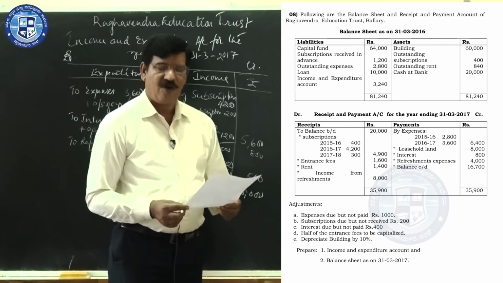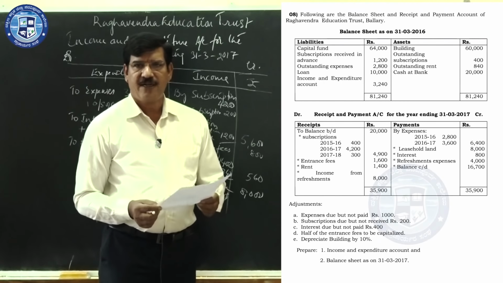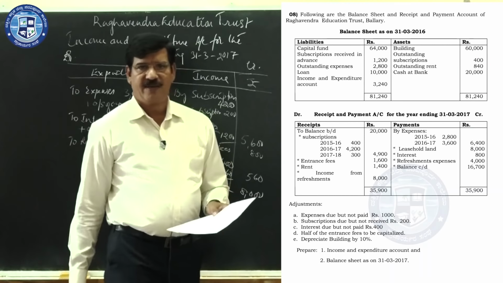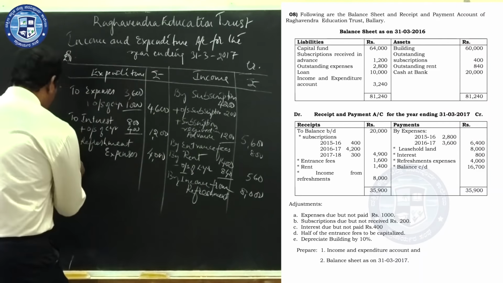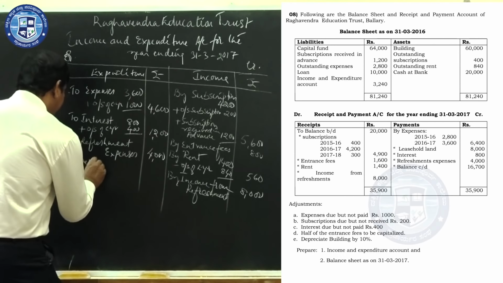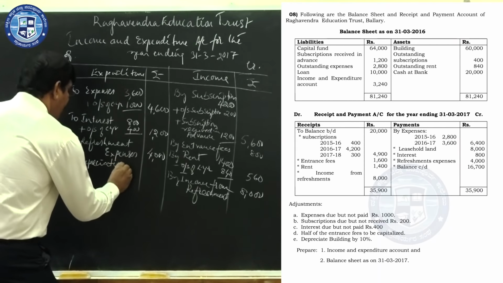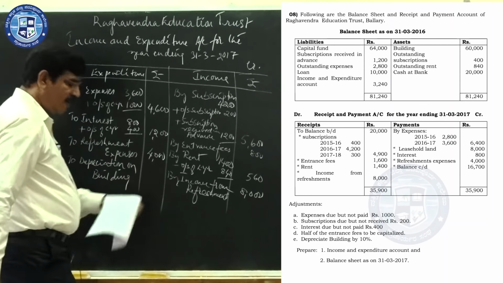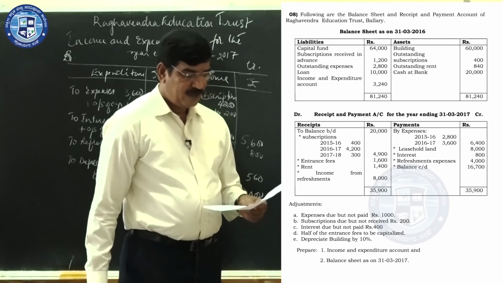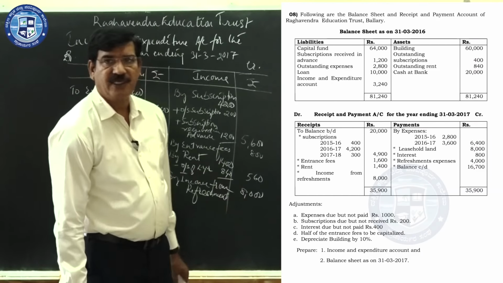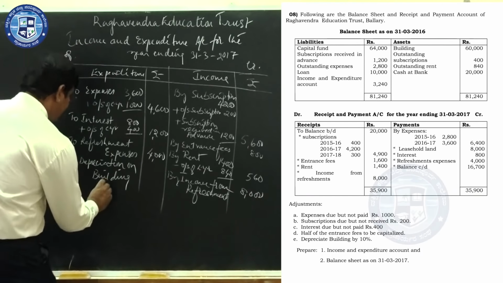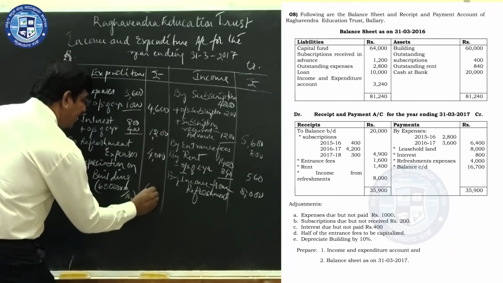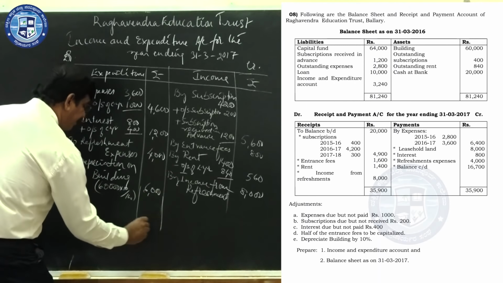C, interest due but not paid, it is also entered. Half of the entrance fee is capitalized, half is already recorded. And the last item, depreciate building by 10%. So depreciation on building, the amount of building given in the opening balance sheet is 60,000, of that 10%. So 60,000 of that 10%, it will be 6,000.